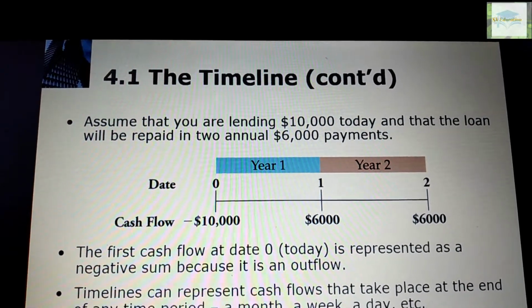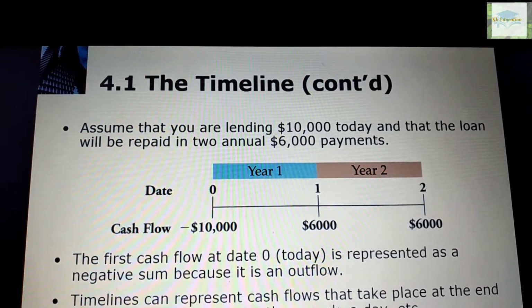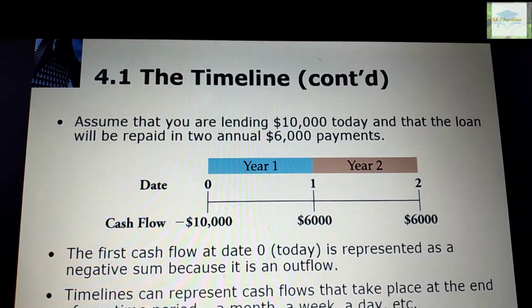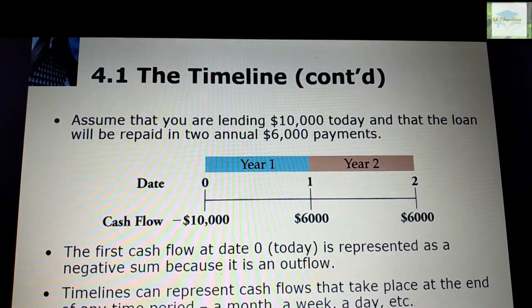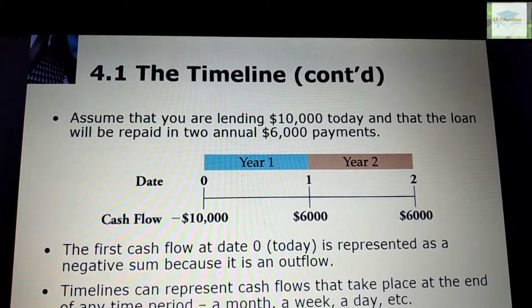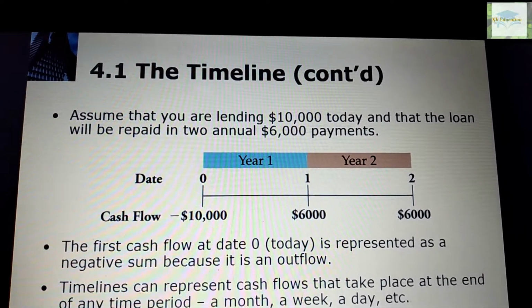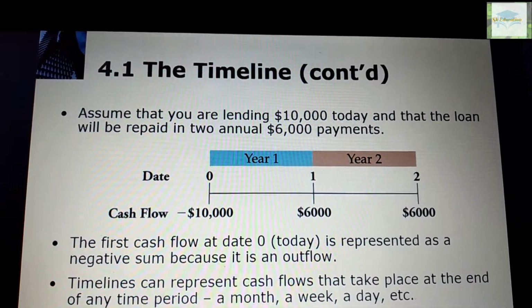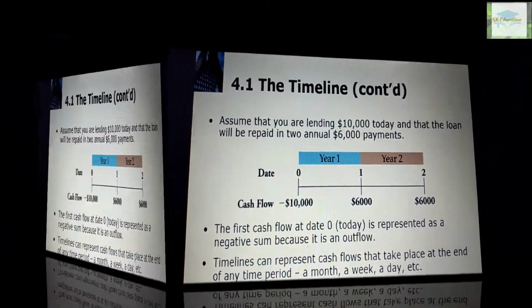It's 10,000 because today we are lending 10,000, but it is repaid in 2 annual installments of 6,000. So in the first year we write 6,000 and the second year 6,000. The first cash flow at date 0, which is today, minus 10,000, is represented as a negative sum because it is an outflow.